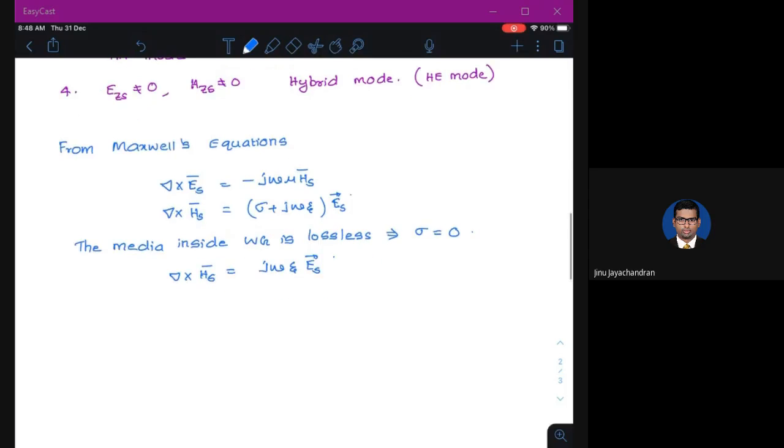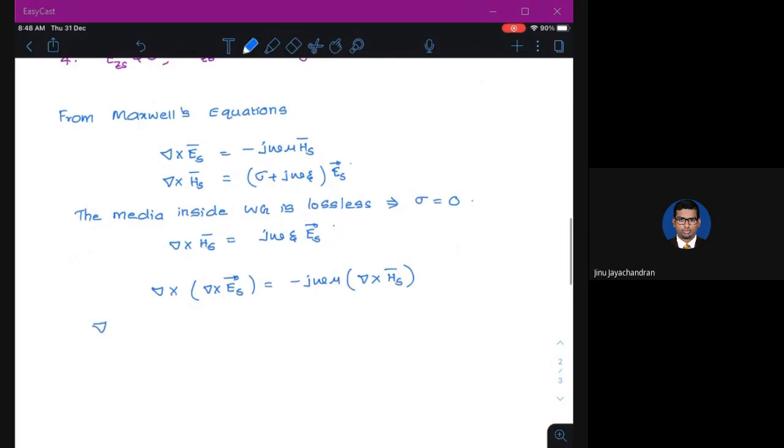Fine. Okay. Now let's do del cross del cross Es. This is equal to minus j omega mu into del cross Hs, because the only vector part is Hs, so you can take del cross inside. We will use an identity which says del cross del cross A is equal to del of del dot A minus del square A. This is an identity.